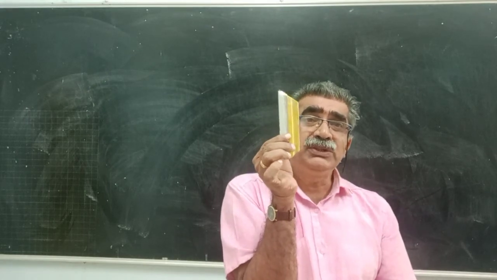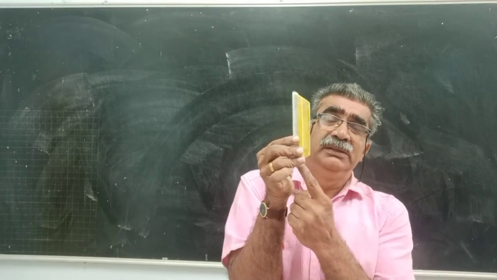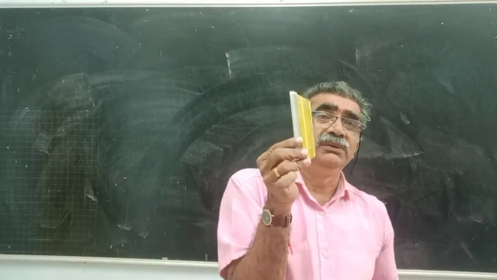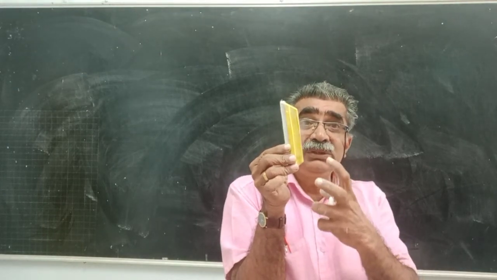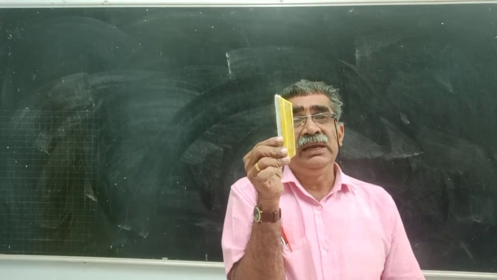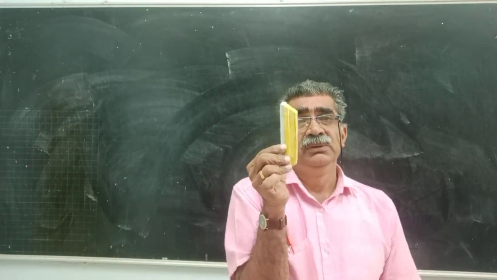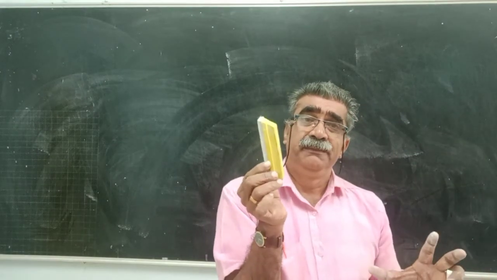When the clay statue is heated up, as they have made a hole downside, the complete wax will come out. So wax is drained out from the clay statue. Now inside the clay statue it is empty, nothing is there.